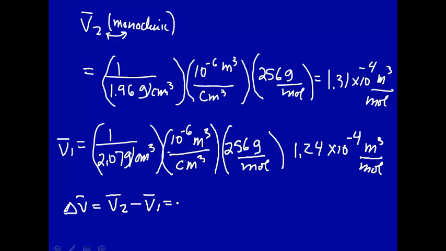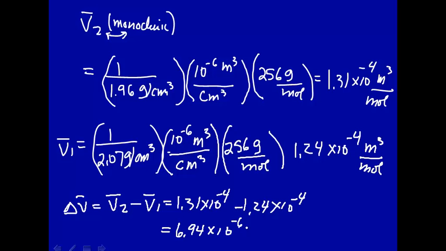That's the rhombic phase. So it's 1.31 times 10 to the minus fourth minus 1.24 times 10 to the minus fourth. So that comes out to be 6.94 times 10 to the minus sixth meter cubed per mole. So that's the change in partial molar volume.